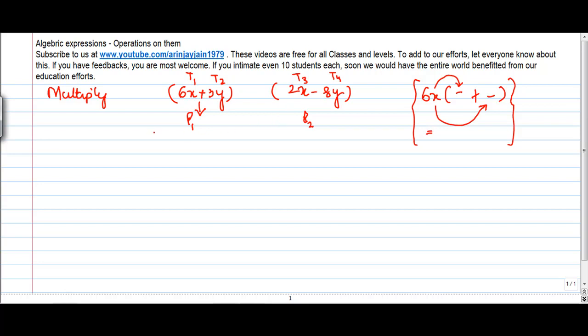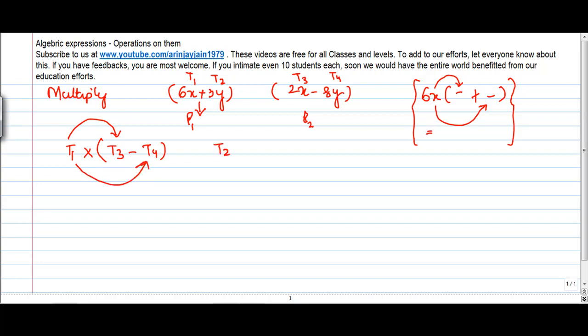When you multiply one polynomial with the other, you multiply each of the terms. T1 has to be multiplied by both t3 and t4, so t1 into t3 and t1 into t4.